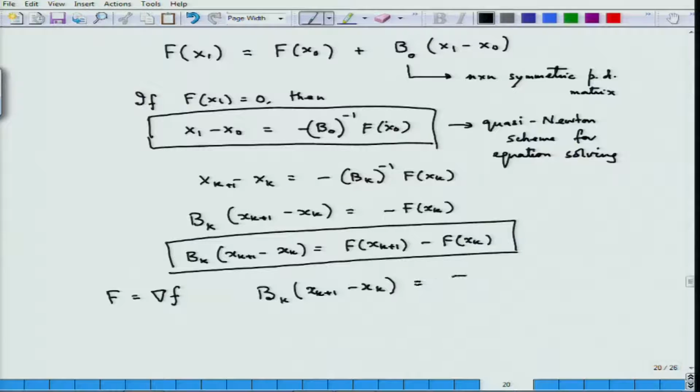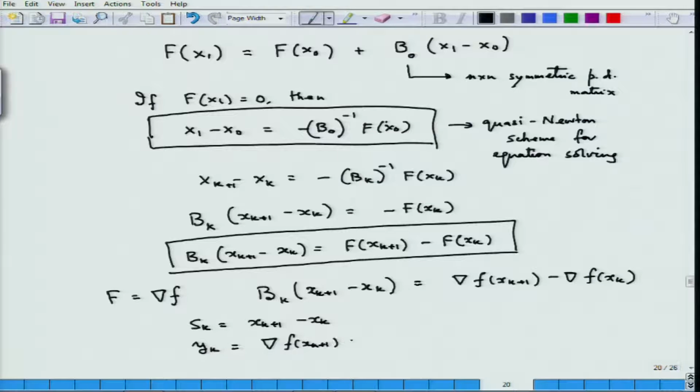I can write this as grad f(xk plus 1) minus grad f(xk). This is sometimes called the secant equation or the quasi-Newton equation. So, if I put sk as xk plus 1 minus xk and yk as grad f(xk plus 1) minus grad f(xk), then this can now be written as bk sk equal to yk.